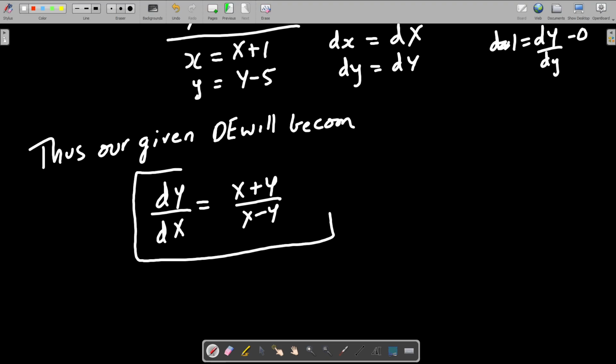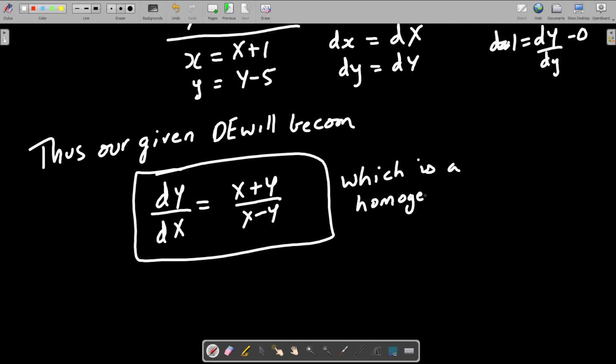So after doing all this trouble over here, do we have a homogeneous differential equation? Yes, this is a homogeneous differential equation that you all can verify.